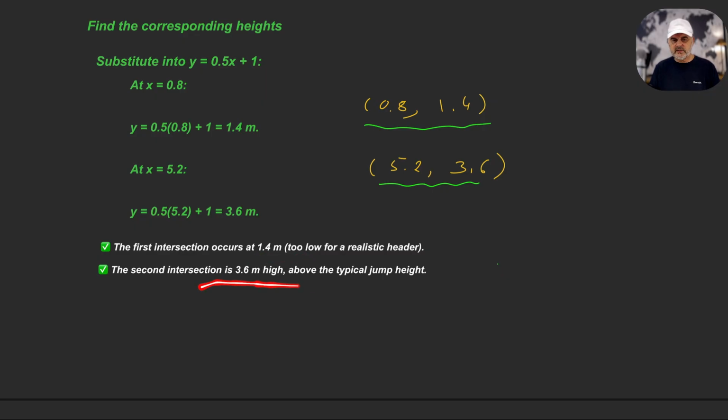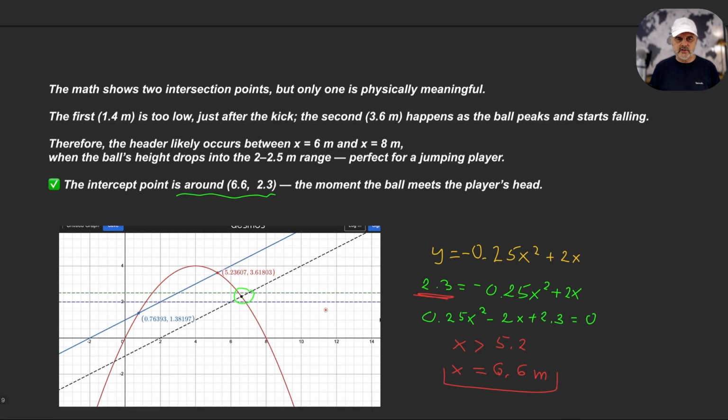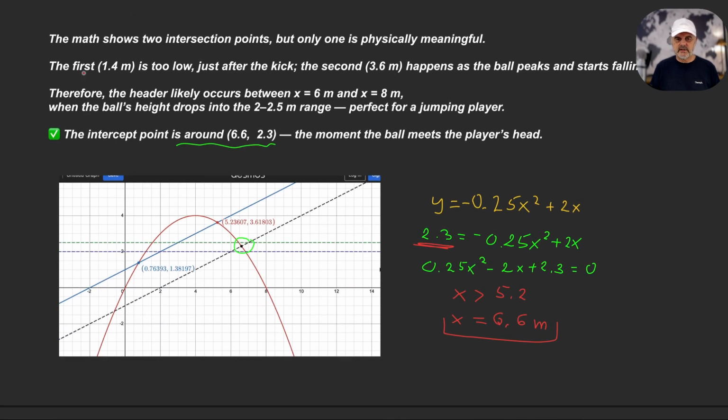But the second intersection is too high, because the usual jumper would not go up to that height jumping from the ground. So then we have to interpret the situation.